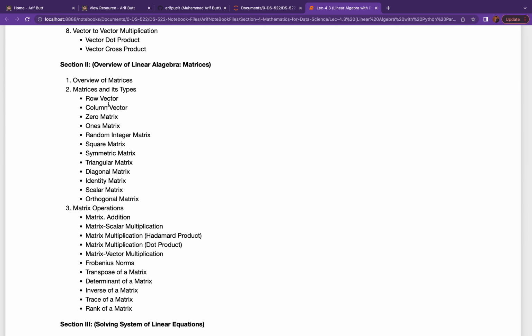Section 2 deals with matrices, their types, and the different operations that we need to perform on this data structure. My dear students, if you already know these concepts or want to jump onto a specific topic, you can click the appropriate link in the table of contents in the description box below.